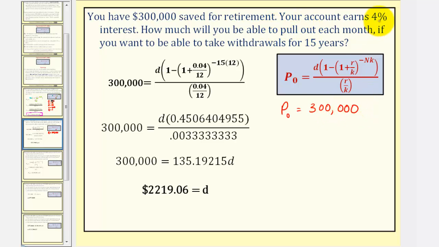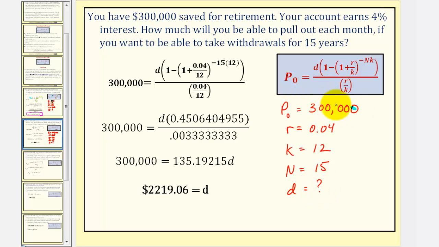The account earns 4% interest, and therefore R is equal to 0.04 as a decimal. You want to withdraw every month, so K is going to be 12. And you want to make withdrawals for 15 years, so N is equal to 15. So for this problem, we want to find D, the withdrawal amount per month.